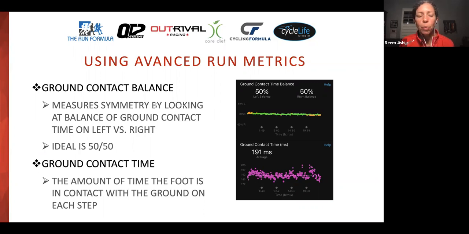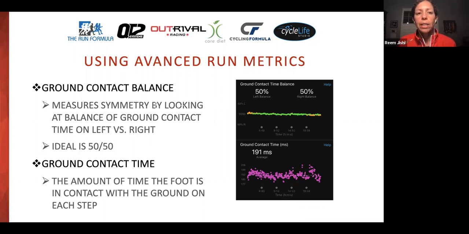That's just going to happen as well. But this is just an area that you can look at as another indicator that maybe there's something going on with your run technique, between cadence and ground contact time. If you've got a low cadence and a high ground contact time, then there are definitely ways that you can improve your form and get yourself running faster.